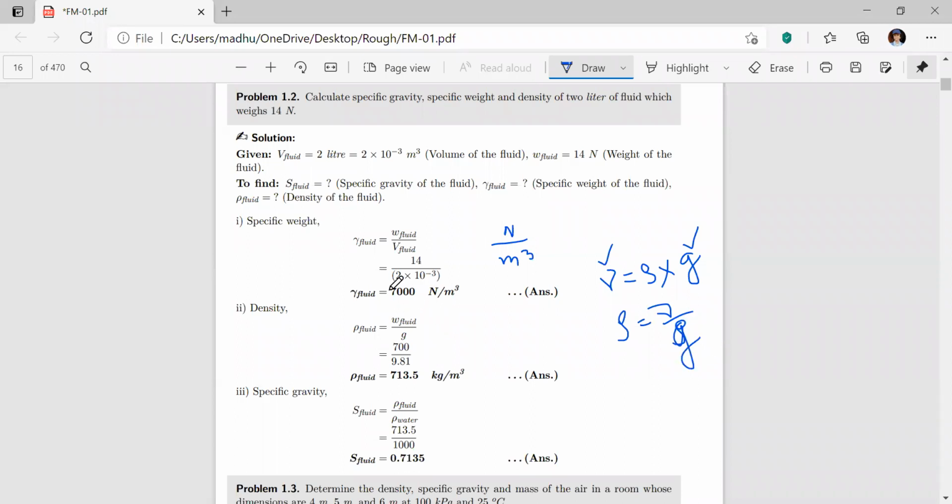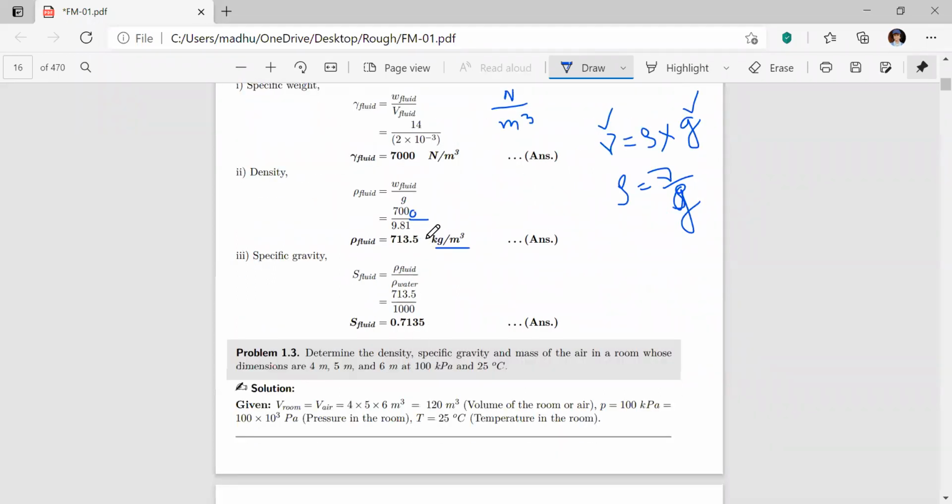Now whatever you have found here, that is specific weight, when you divide it by acceleration due to gravity, then you will get the density in kg per meter cube. So this is 7000 divided by 9.81, which will give you 713.5 kg per meter cube. That is the second answer.